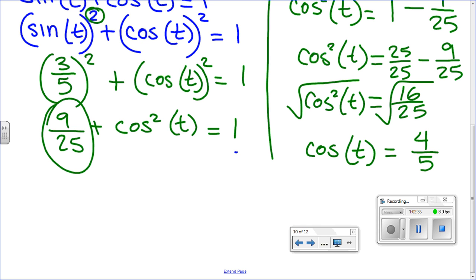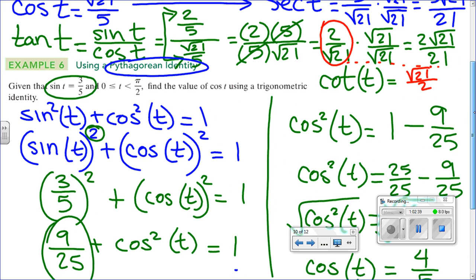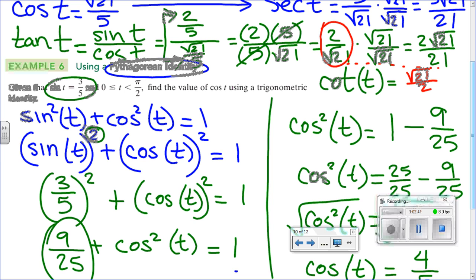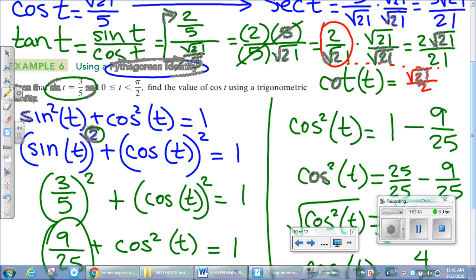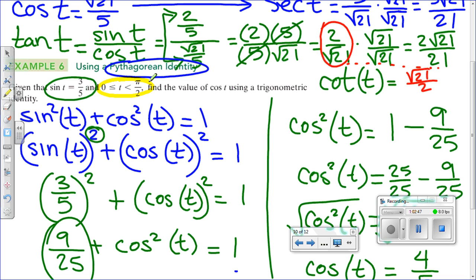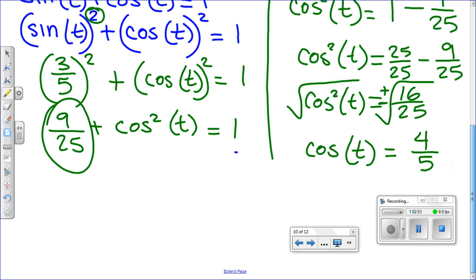However, when you take a square root, it could be positive or it could be negative. But the problem is stating that they want the angle to be between 0 and pi over 2. So all the angles between 0 and pi over 2 are in which quadrant? First quadrant, yes.